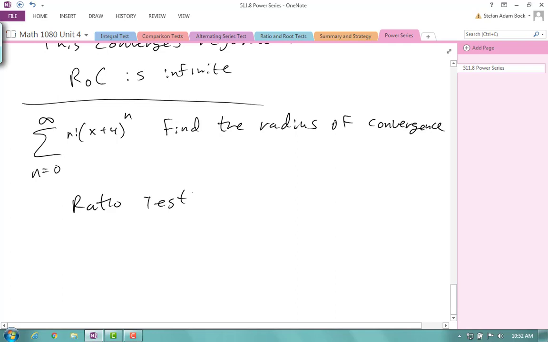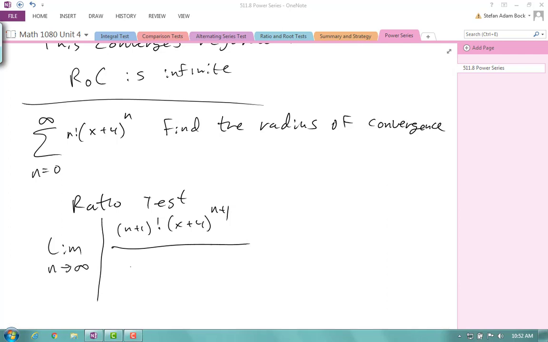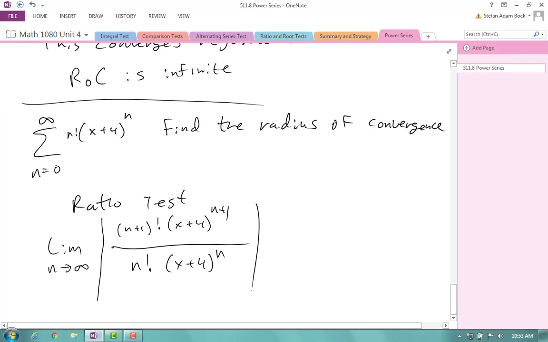So what happens here is I want the limit as n goes to infinity of n plus 1 factorial times x plus 4 to the n plus 1 divided by n factorial times x plus 4 to the n. And I don't have to do any work to simplify my fraction because it's already done. This will cancel with x plus 4 to the n up there, leaving just one x plus 4 on top.